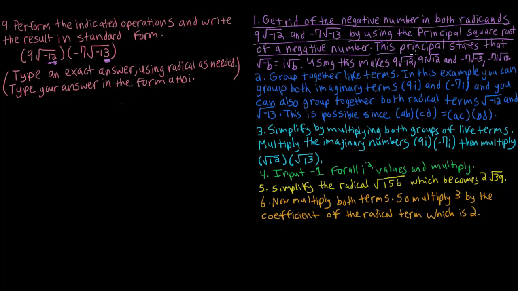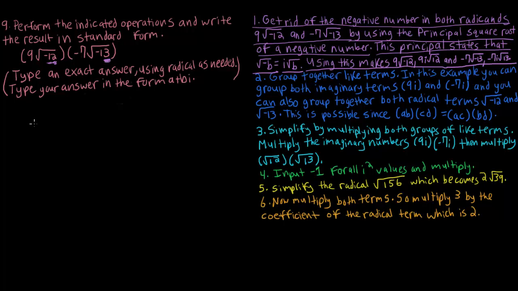And this principle states that square root of negative b is just I square root of b. Using this makes 9 square root of negative 12, 9I square root of 12, and it makes negative 7 square root of negative 13, negative 7I square root of 13.